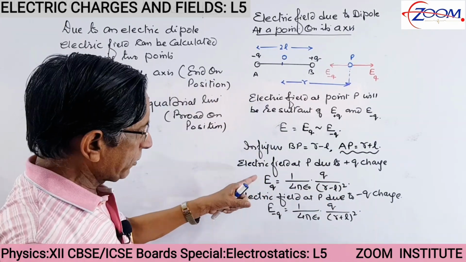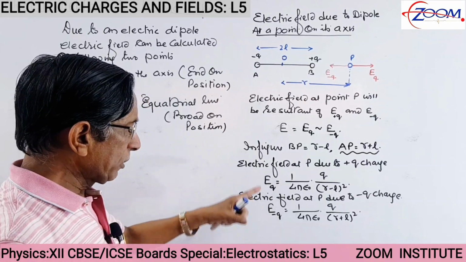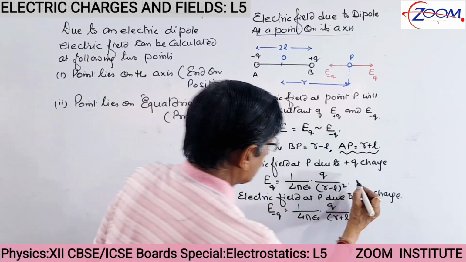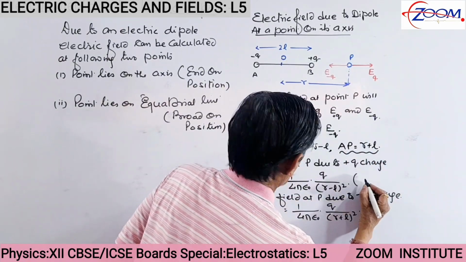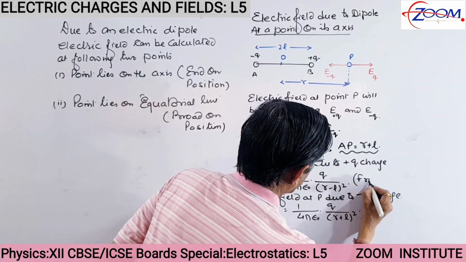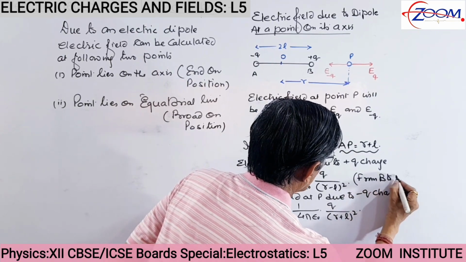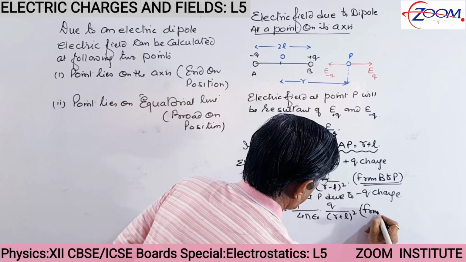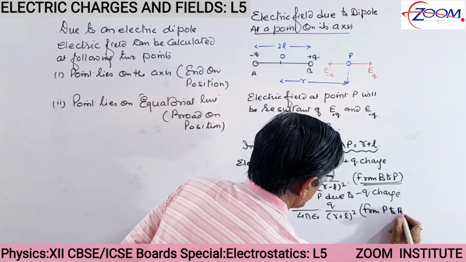So you have calculated the value of E plus Q and E minus Q. E plus Q is towards right, or you can write from B to P. And this electric field E minus Q is from P to B.